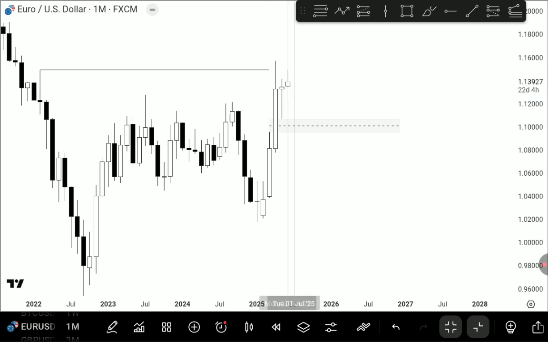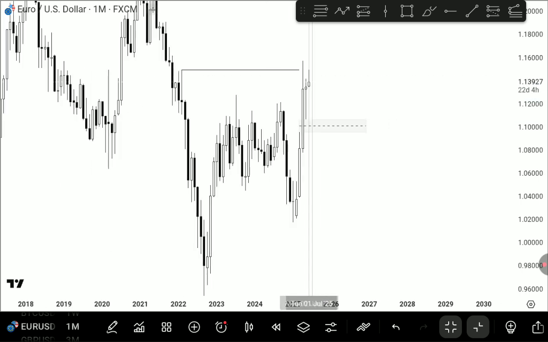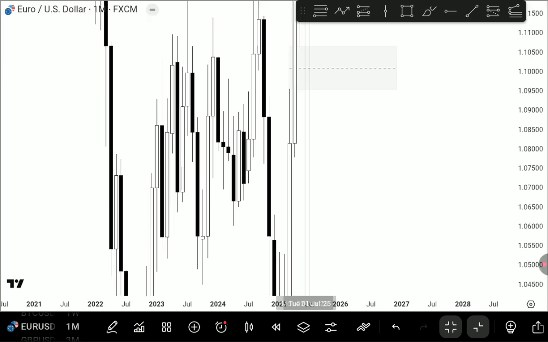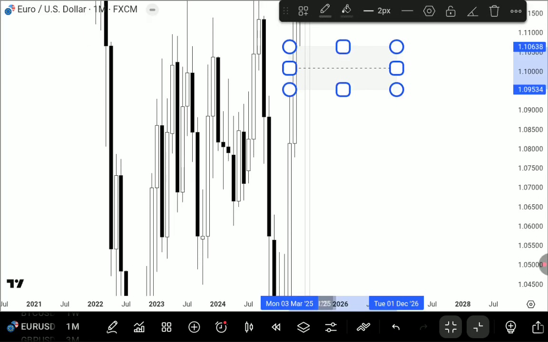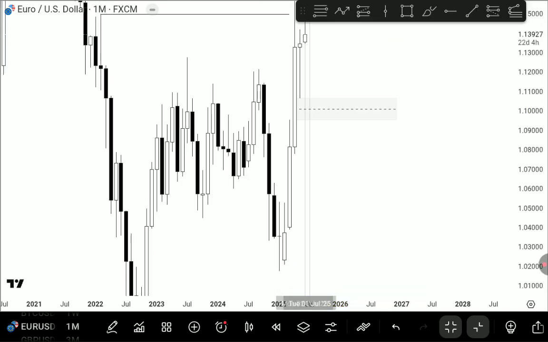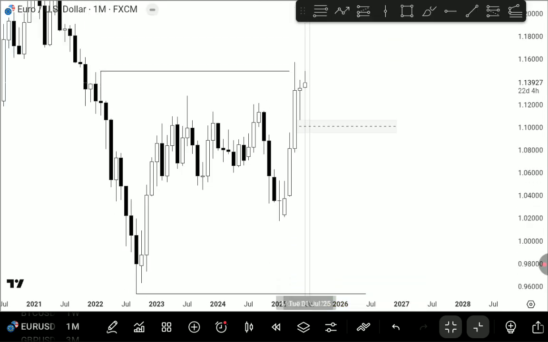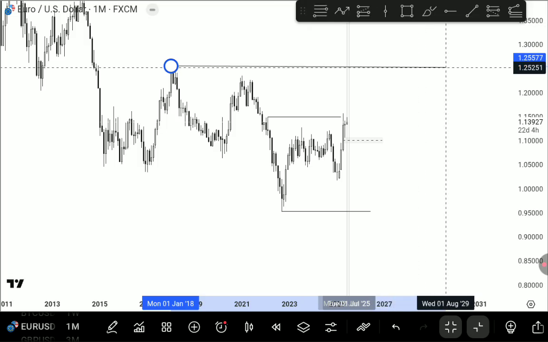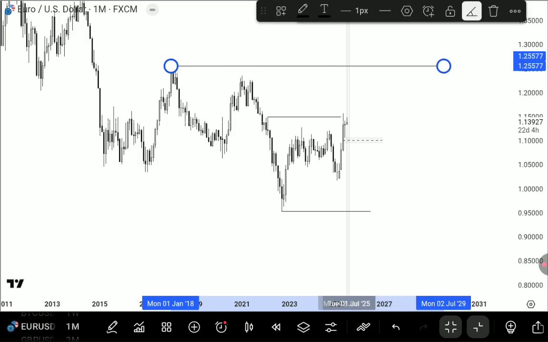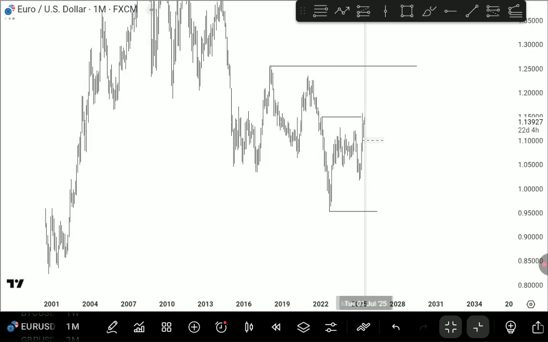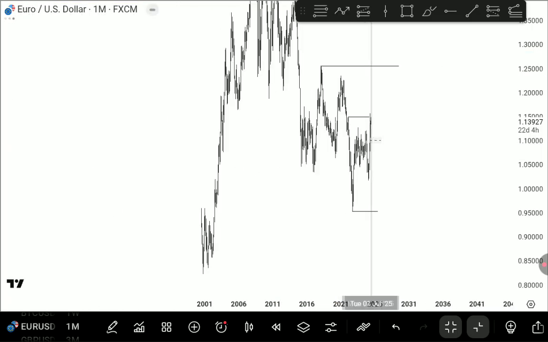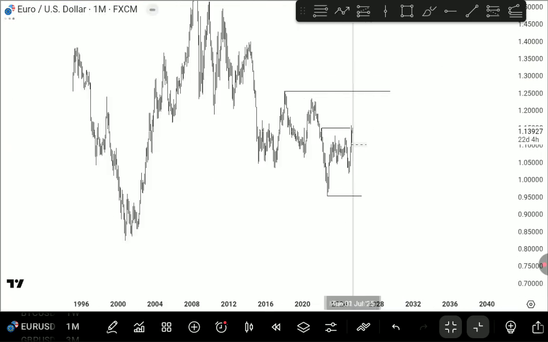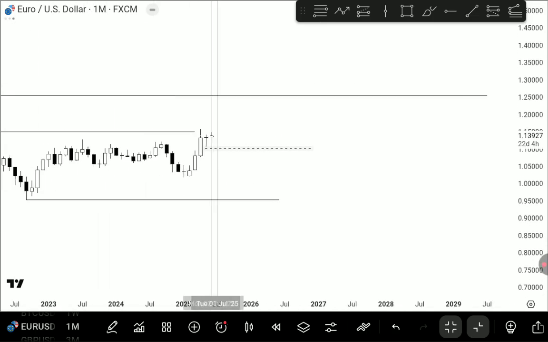Then of course, the most important thing as a professional trader is to anticipate a turn of events, right? On the higher time frames, you see this big line up here. That's a draw of liquidity, because on the higher time frames, the order flow is bullish, right?